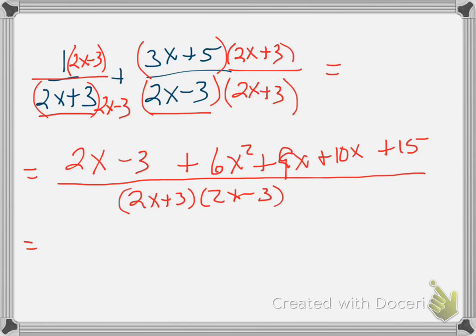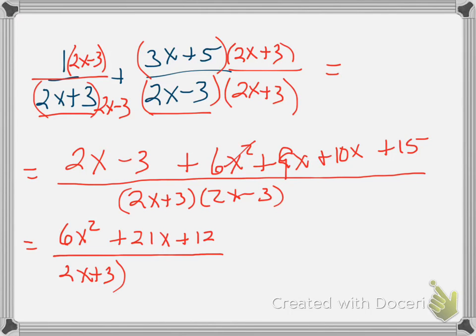And now, if I combine like terms in the numerator, I get 6x squared plus 21x plus 12, and that's all over 2x plus 3 times 2x minus 3.